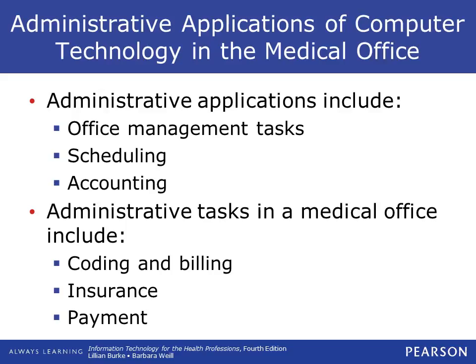An adjustment is what we call a positive or a negative change to a patient account. A positive adjustment would be us crediting money back to the patient. A negative adjustment would be us removing money from the patient's account.